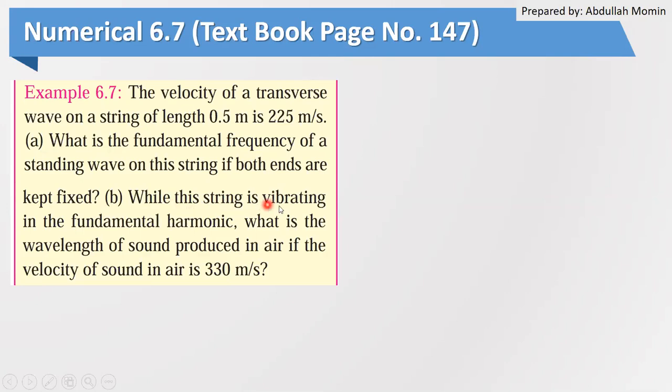B. While this string is vibrating in the fundamental harmonic, what is the wavelength of sound produced in air if the velocity of sound in air is 330 meter per second? So we are supposed to find the fundamental frequency if both ends are fixed, and if the string is vibrating in the fundamental harmonic, what is the wavelength of the sound which is produced, and the velocity of the sound is given.